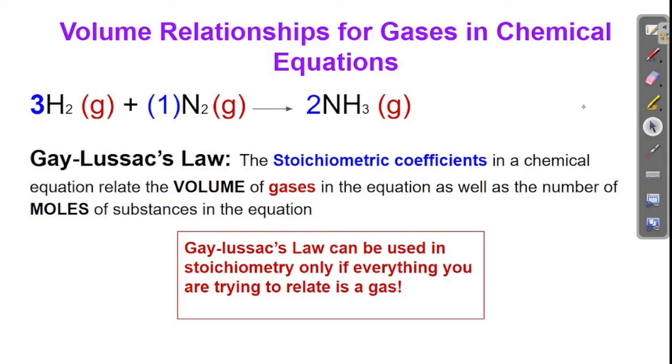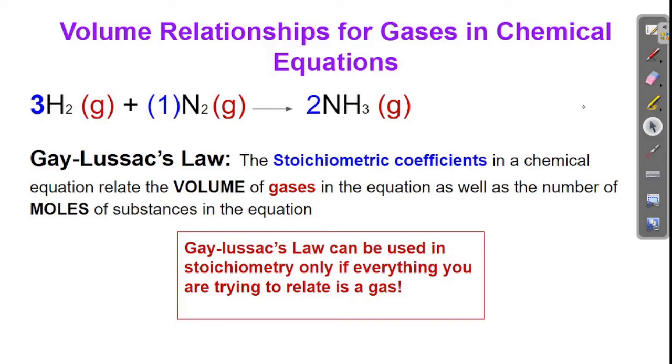When I say came up, it doesn't mean he just took it out of thin air. He was doing experiments and studying this, and he discovered this to be true. So the stoichiometric coefficients in a chemical equation relate to volumes of gases in the equation as well as the number of moles of the substances in the equations.